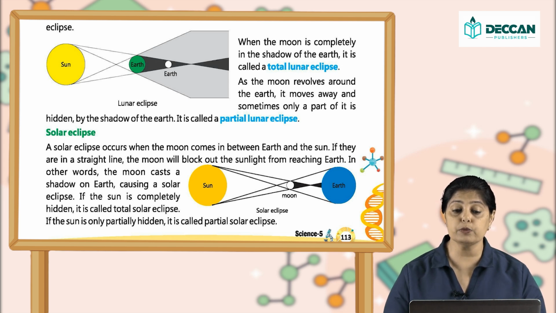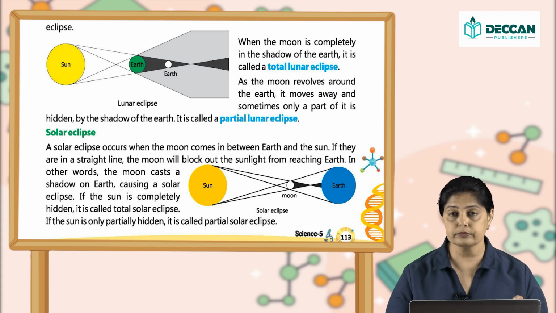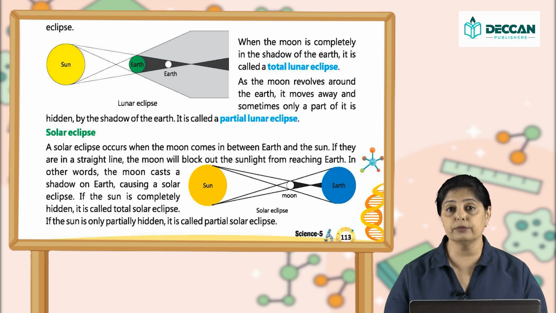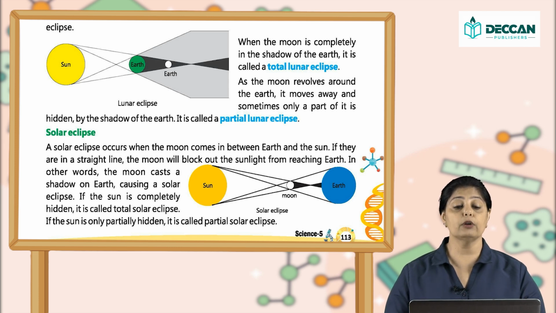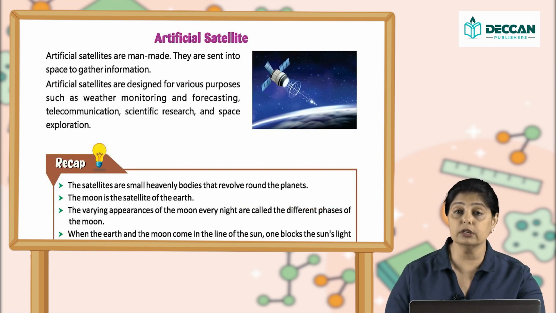However, in a solar eclipse, the moon comes in between the earth and the sun, and over here the moon blocks the sunlight from reaching the earth, and that's when the moon is casting a shadow on the earth and results in a solar eclipse. If the sun is completely hidden, it is a total solar eclipse, and if it is partially hidden, then it is a partial solar eclipse.